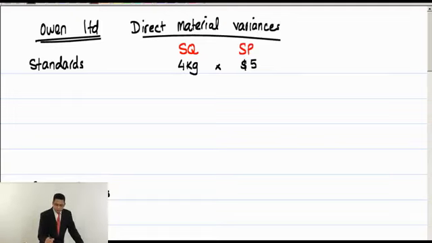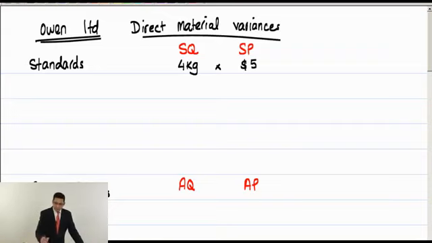So the idea is that standard is replaced with actual, meaning this becomes actual quantity and this becomes actual price. So instead of S's, we use A's. So actual quantity times actual price equals the actual cost of direct materials.